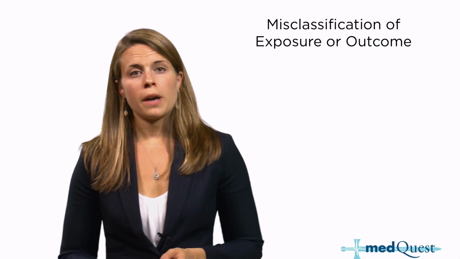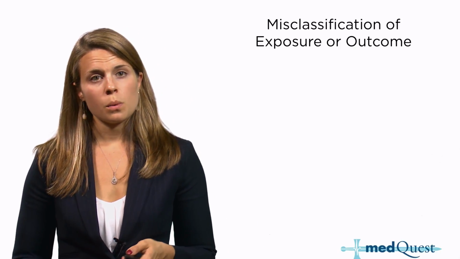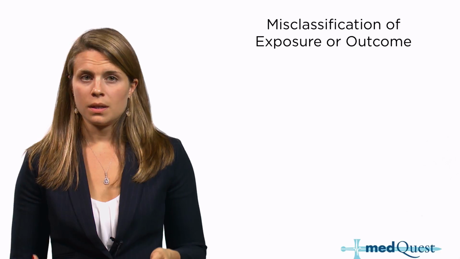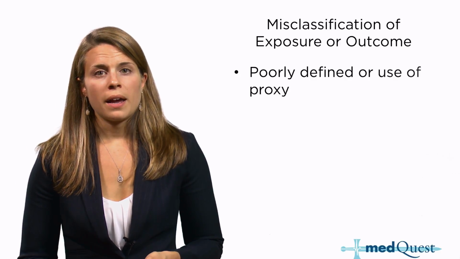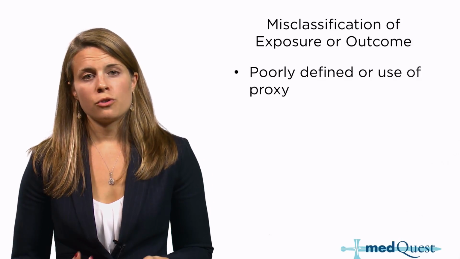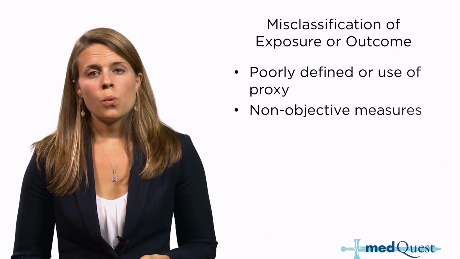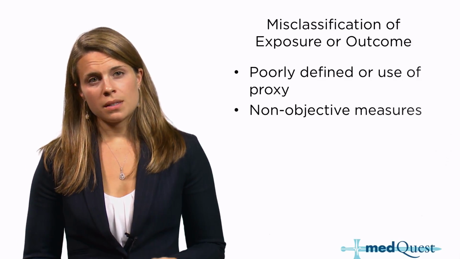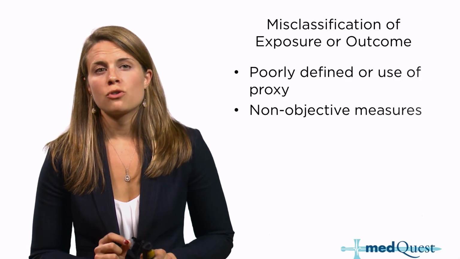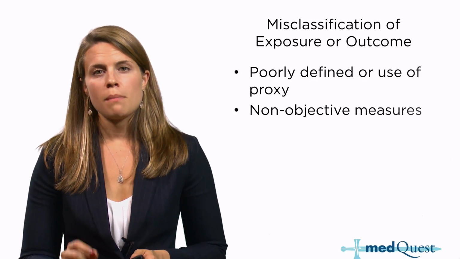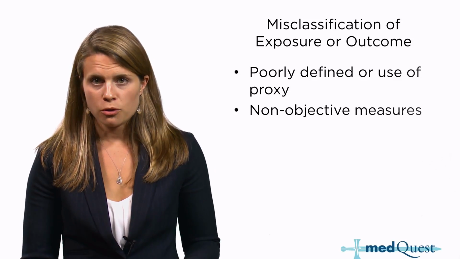Misclassification of the exposure or outcome is something that we touched on earlier when we talked about the factors of a high-quality study design. This occurs when there's a poorly defined use of a proxy for what you're trying to measure. So really what your job is as the reader of research studies is to determine whether or not you think the measurements they used are actually measuring what they're supposed to be measuring.